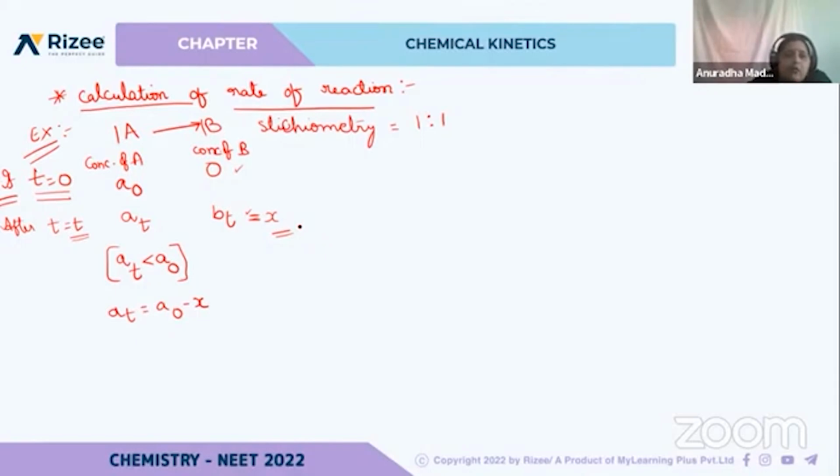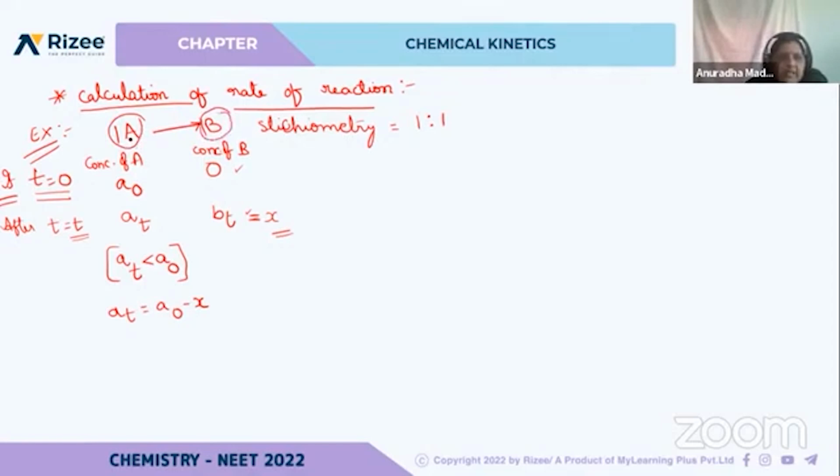So now let's see what the rate is. How can we calculate the rate of the reaction? Let's see. We can say that the rate of disappearance of A is equal to the rate of appearance of B, simply.